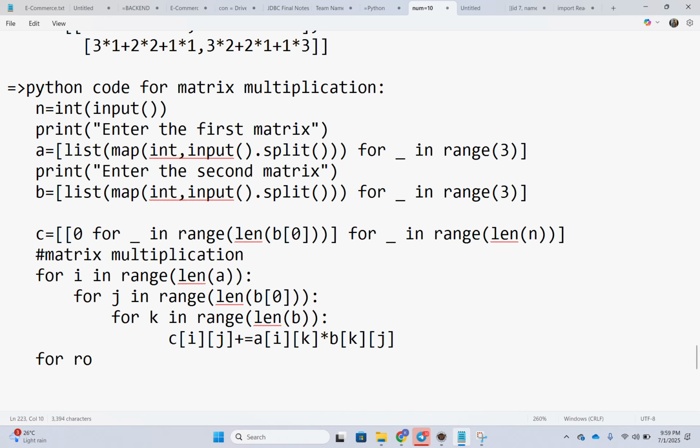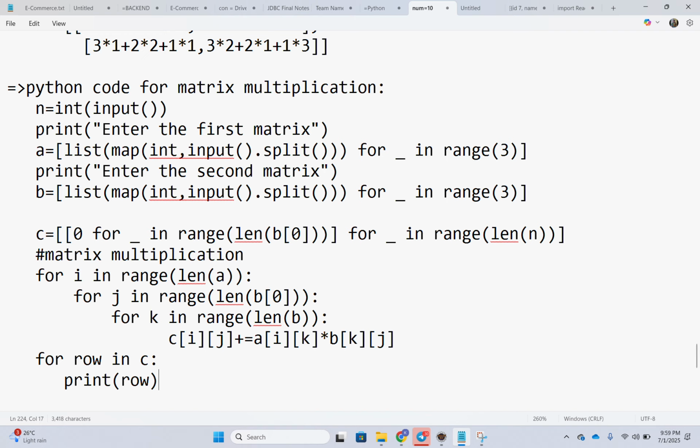For row in C matrix, print row. Okay, done. This is the overall matrix multiplication code. Now I'm going to execute it in PyCharm.